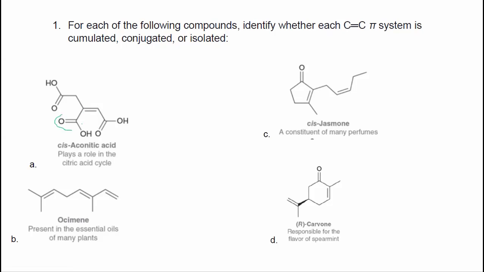So this would be one site of conjugation. And then you have another one right here, which is also conjugated. If you were going to compare it to the one carboxylic acid off to the side, because there's an sp3 here, that one would be isolated.